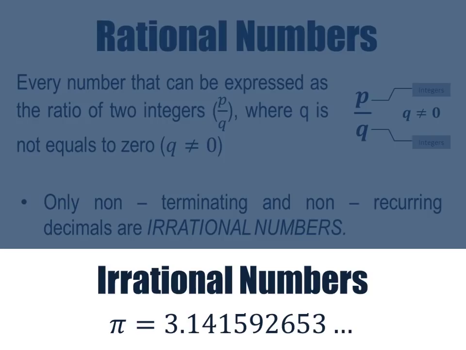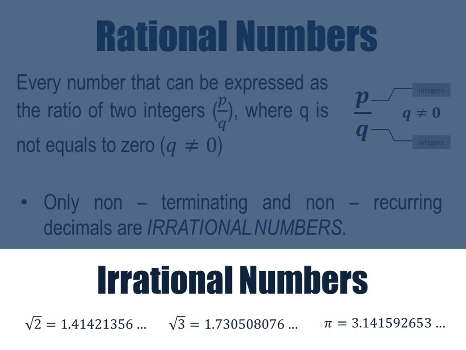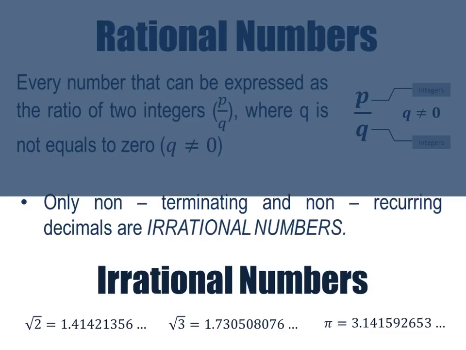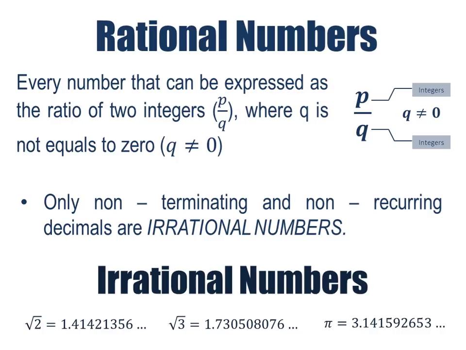If you find the value of pi, it will keep on going like 3.14159265 and so on. So this is also an irrational number. So here you have some examples of irrational numbers. So you should know remaining all numbers are rational numbers. Hope you have understood this, and you can now easily classify rational numbers and irrational numbers. Best of luck.